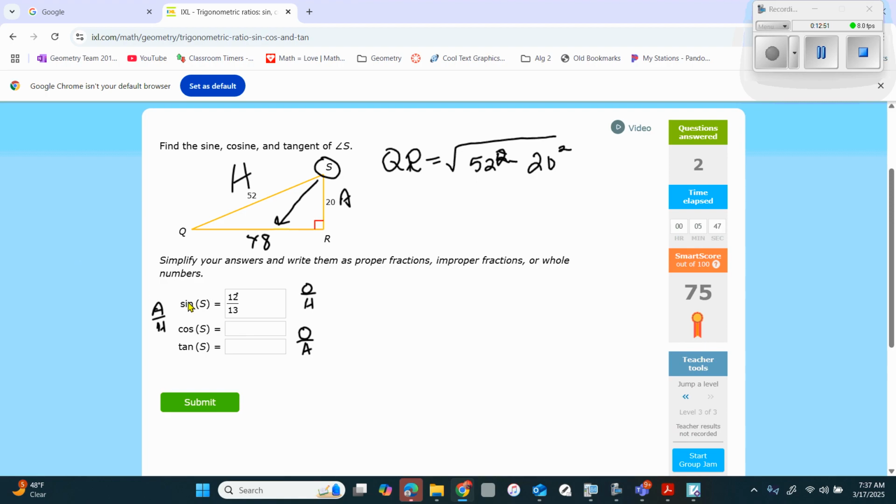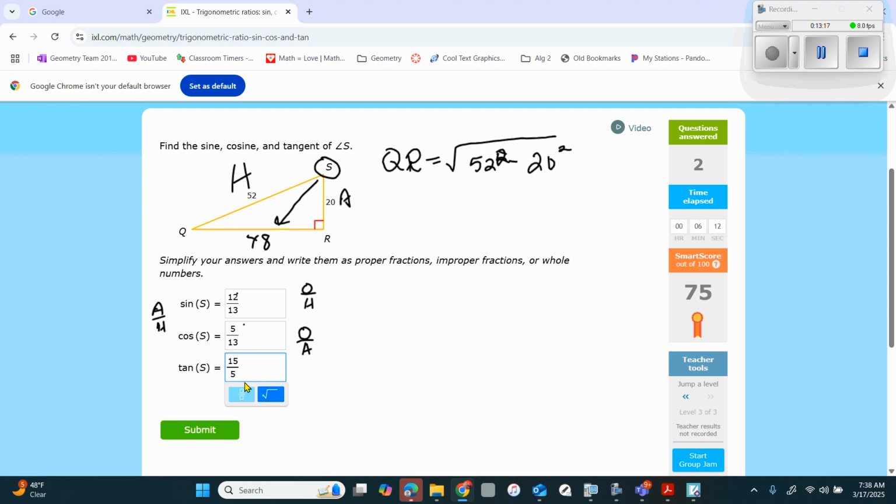This is going to reduce to 5 over 13. And then opposite over adjacent. Opposite is going to be the 48 over the 20. And that's going to reduce to the improper fraction 12 over 5.